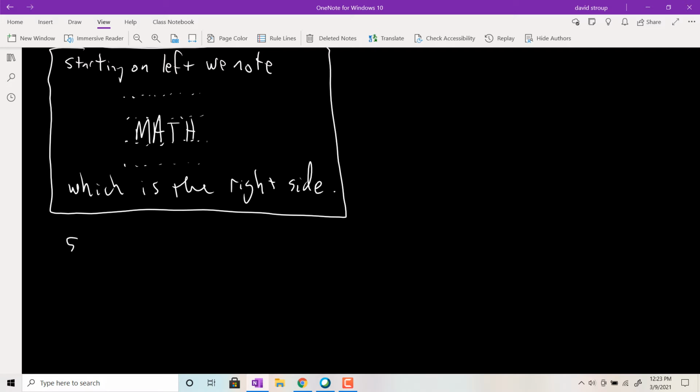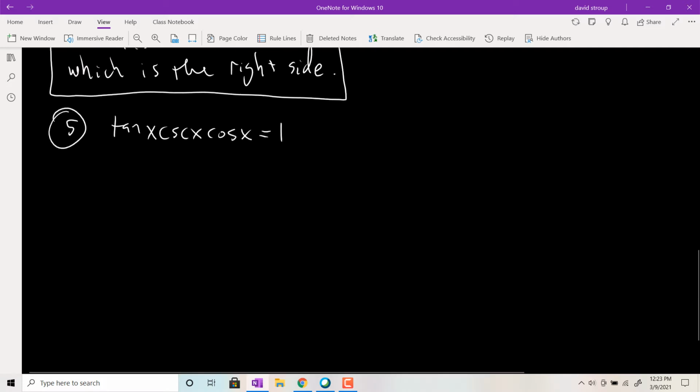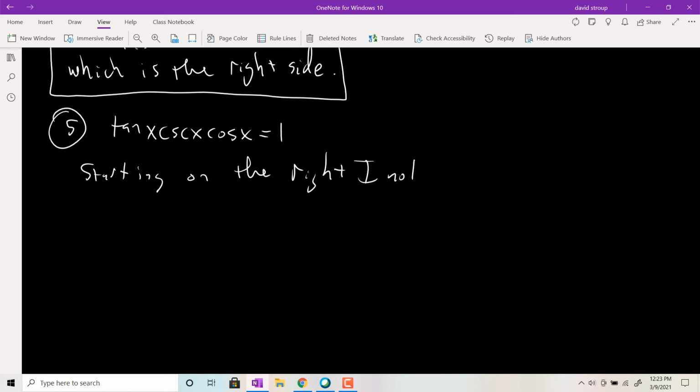We're verifying identities. Here's number 5. We have tan x cosecant x cosine x equals 1. Usually I start on the more complicated side, and I'm going to start on the right side. Starting on the right, I notice tan x cosecant x cosine x equals, and here I'm going to use quotient and reciprocal identities to rewrite this.